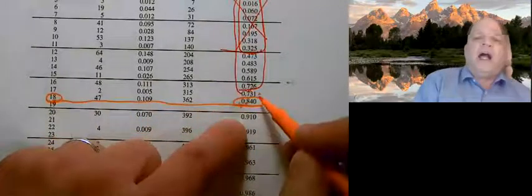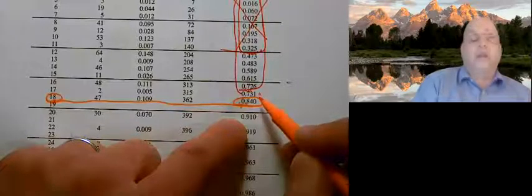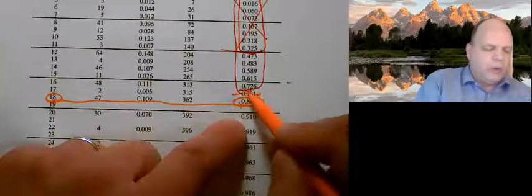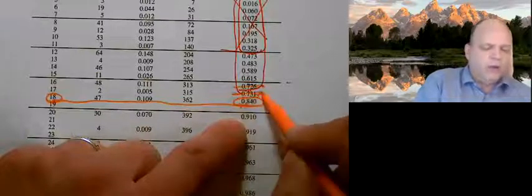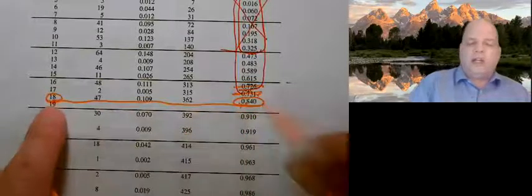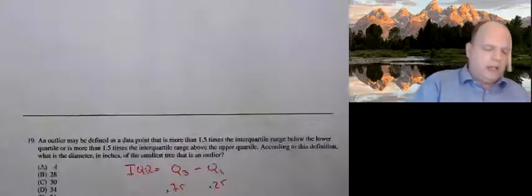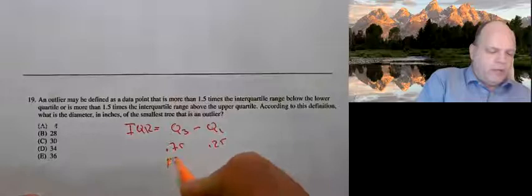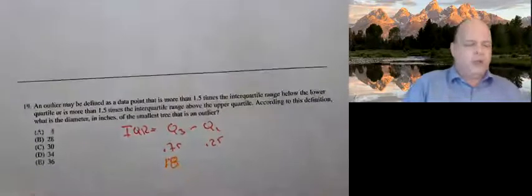But I have to go to the first highest value that includes 75%. 72 didn't include it, 73 didn't include it. Here's the first one that includes it. So I have to take 18. So 18 is my Q3 value, my 75th percentile, 18-inch trees.